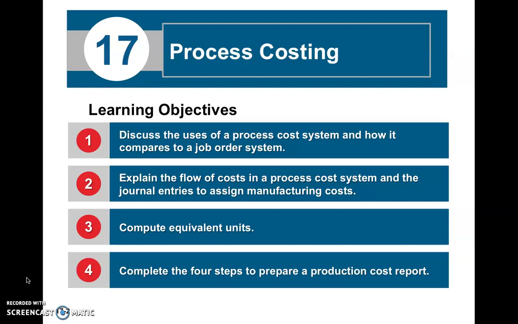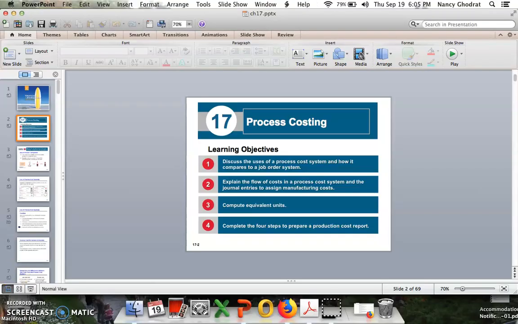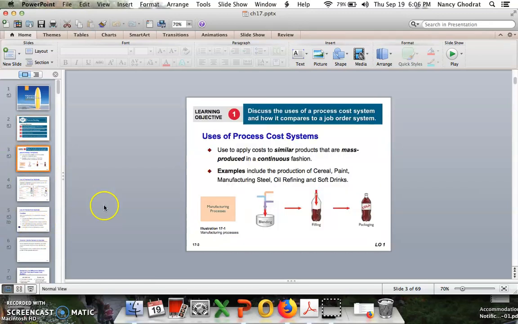We go over how to compute equivalent units and eventually how to prepare a production report for internal purposes that shows how much money we spend and how many units we produce, and therefore arrive at the cost of each unit.